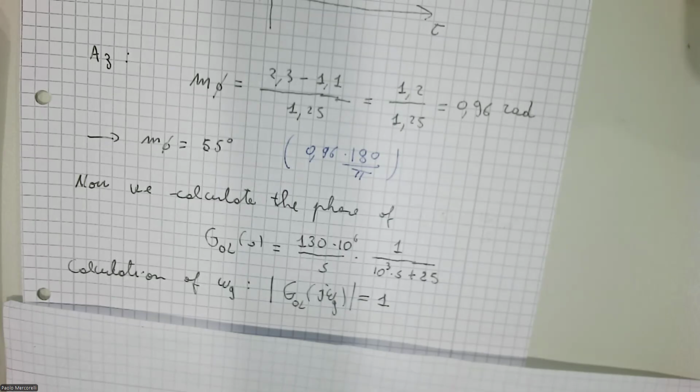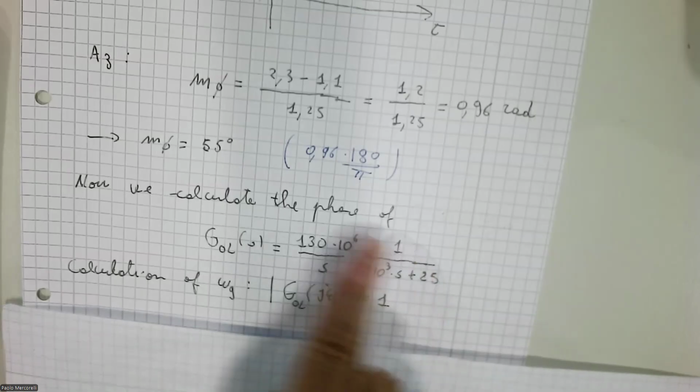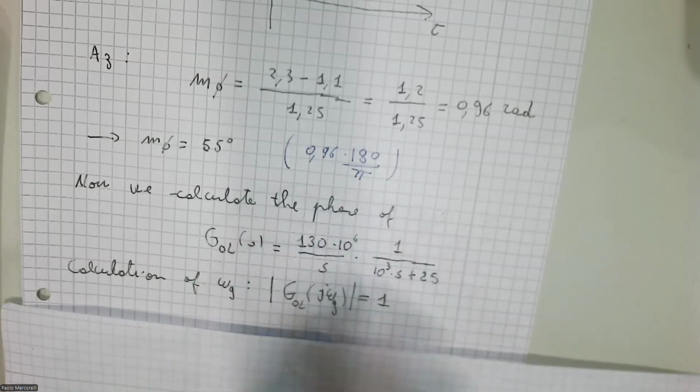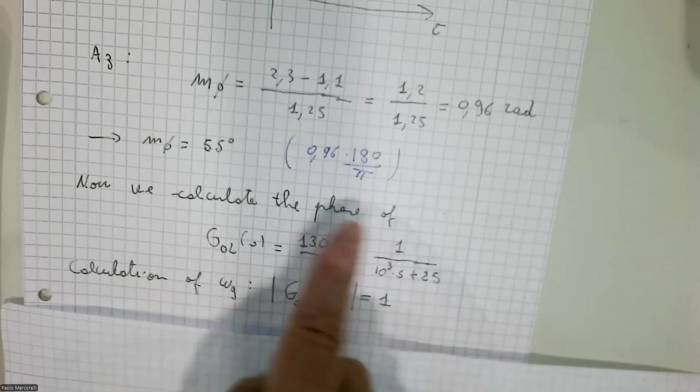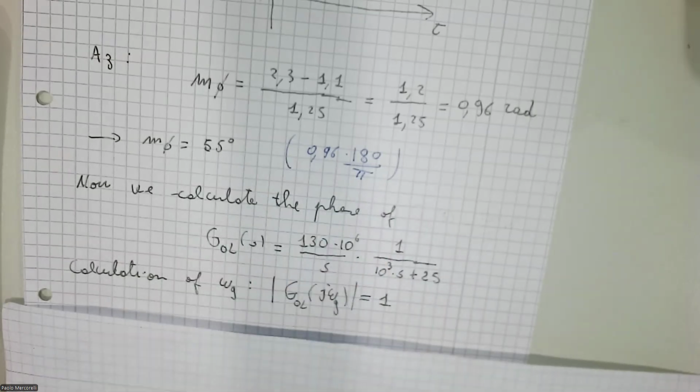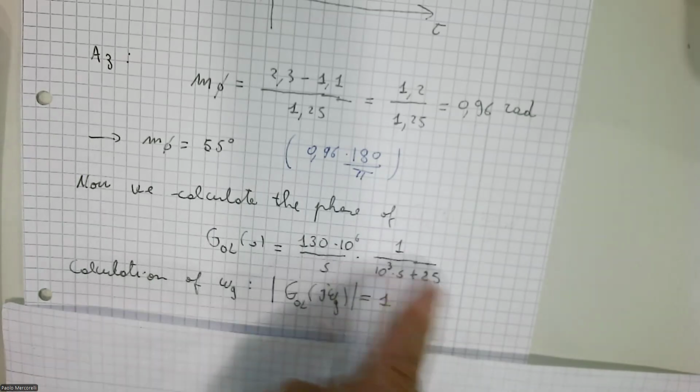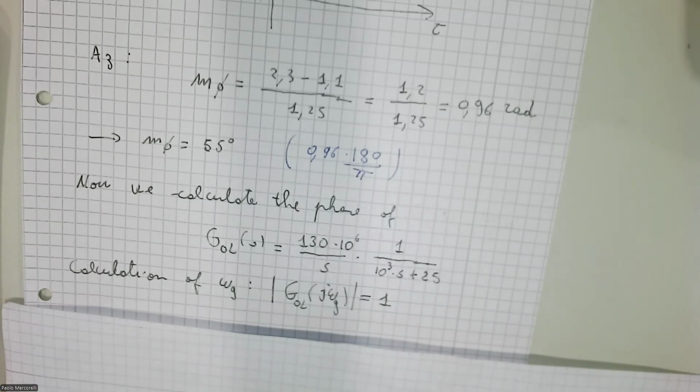Goal is to design GC of S. Before, in order to design GC of S, we have to calculate, let me say, what we have with the GOL, because GC of S will correct eventually if GOL does not respect this specification of the overshoot.